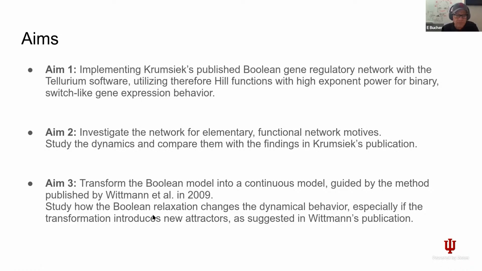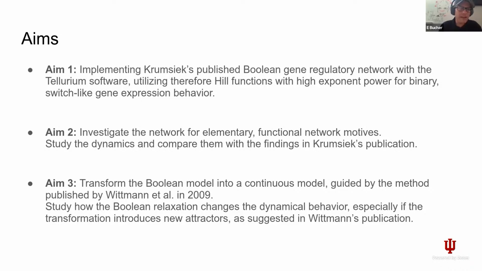What will change in having all of a sudden this continuous model? What I'm really interested in is, will I find more attractors? I think that will be interesting to see.